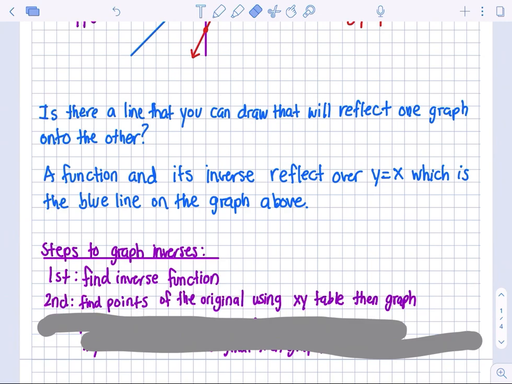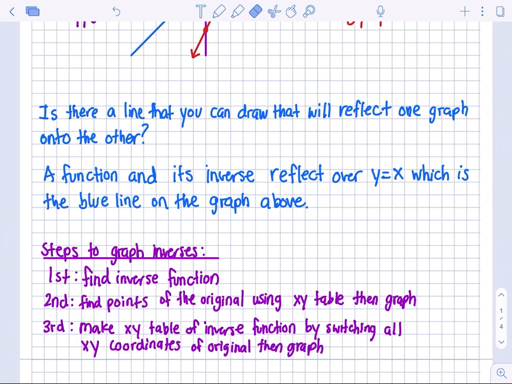The second one, you find the points of the original function and then use an XY table to graph that. And thirdly, you make your XY table of the inverse function by switching all of the XY coordinates of the original, and then you graph your inverse function. This is the technique on how you graph your inverses.